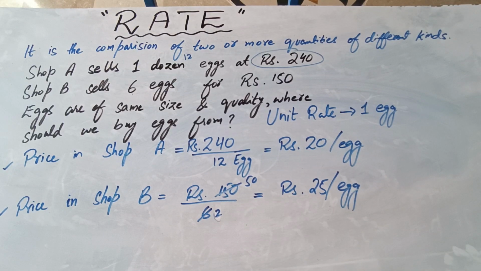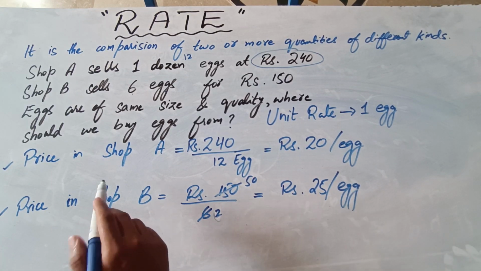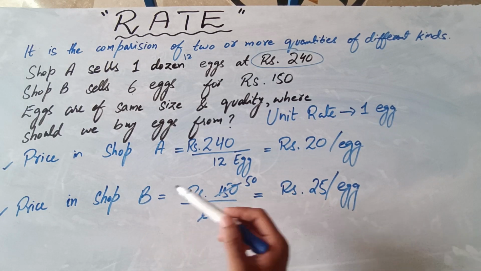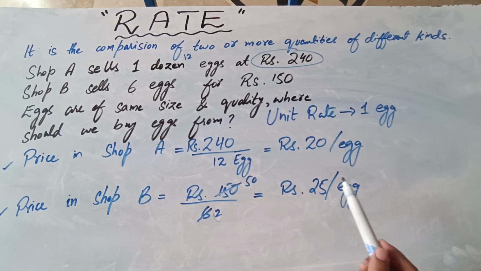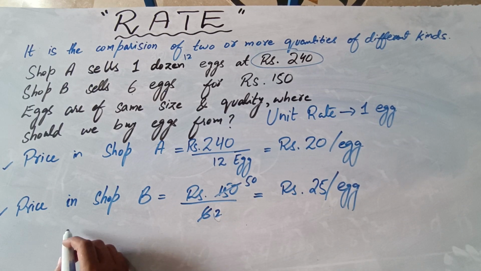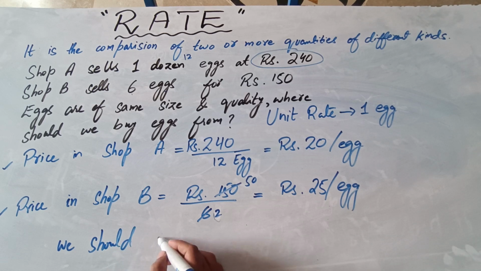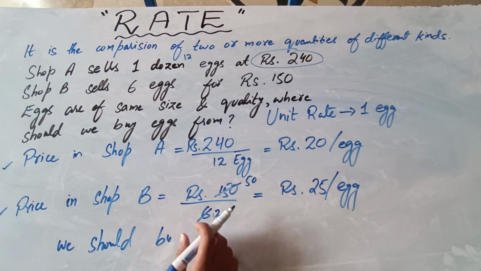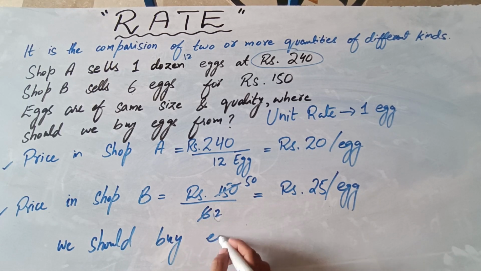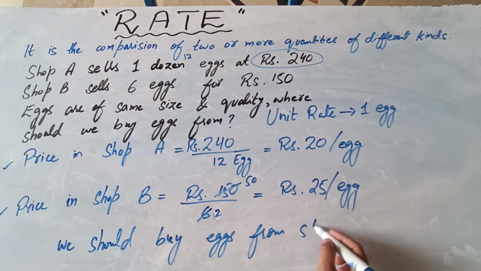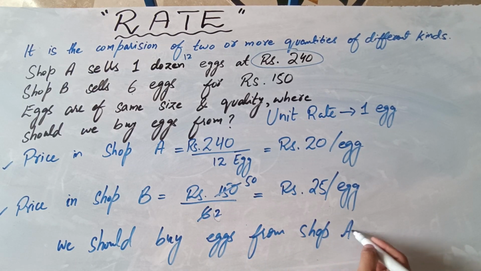So if the eggs are of the same size, same quality, then at shop A one egg costs rupees 20, and at shop B each egg costs rupees 25. So it means that we should buy eggs from shop A.